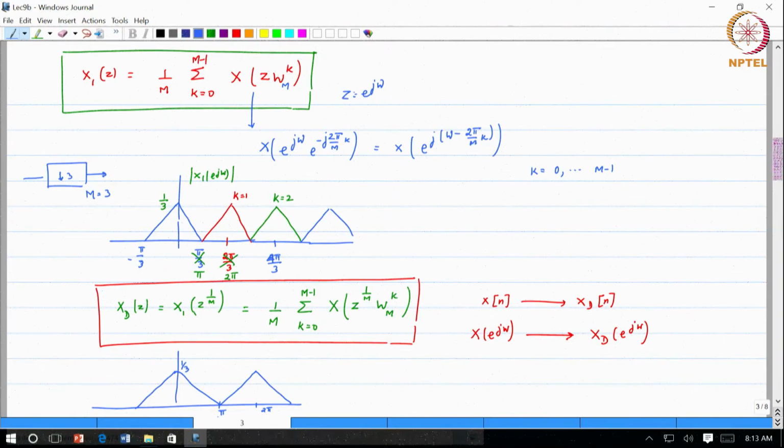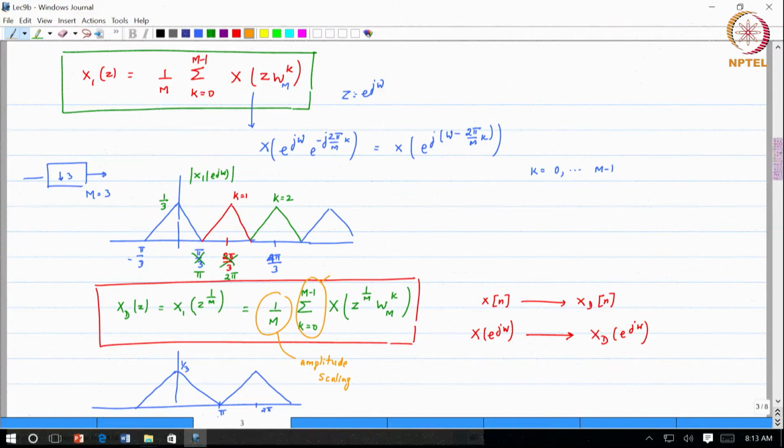The 4 things to keep in mind when we write down the downsampled signal: first of all, amplitude scaling. 3 of these were also observed when we were writing down the spectrum of x1 of z. So, I will just repeat that. One is the amplitude scaling, this was already present in x1 of z.